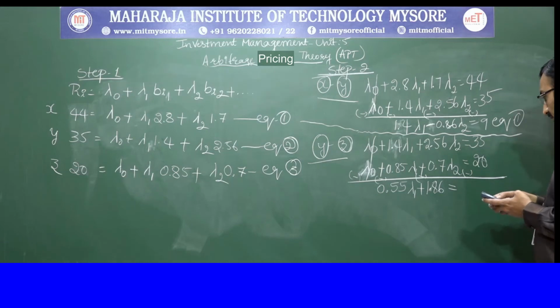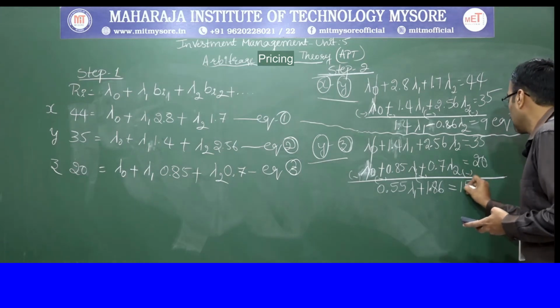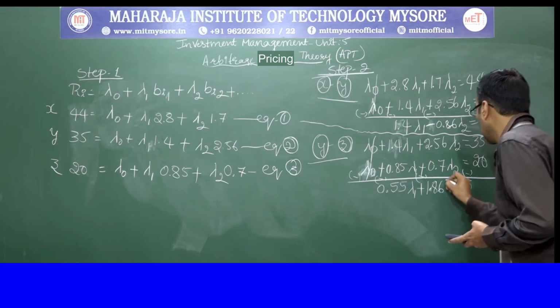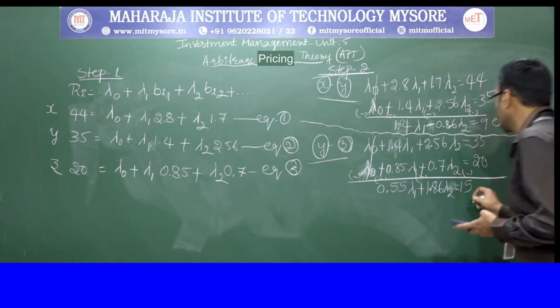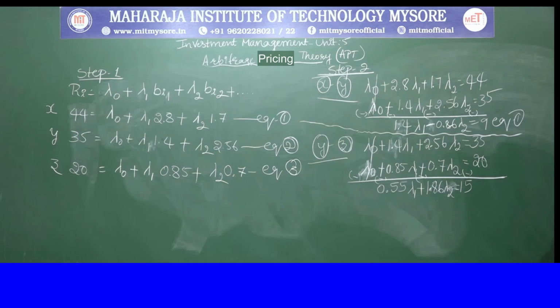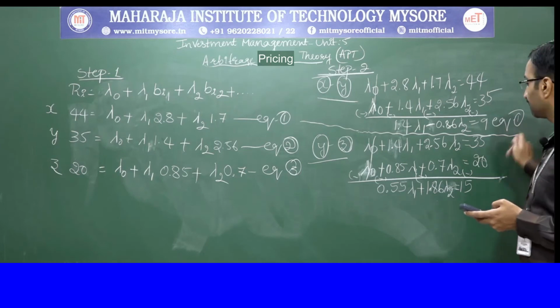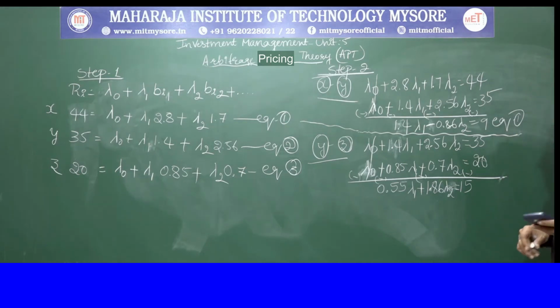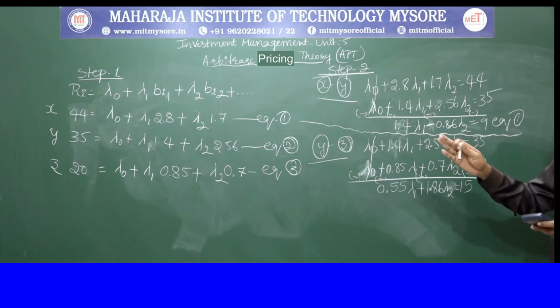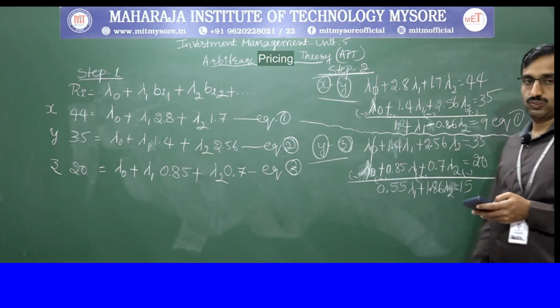Then 35 minus 20, if you do, you will get 15. So, 0.55 lambda 1 plus 1.86 lambda 2 is equal to 15. Okay, fine. This is called y minus z. So, we have done step 1 and step 2.